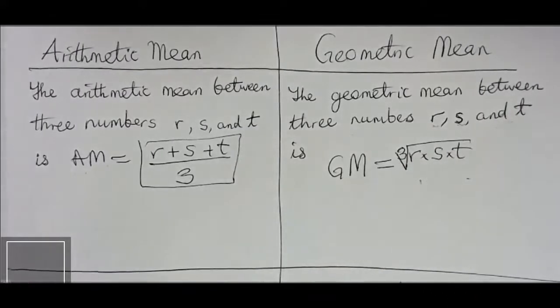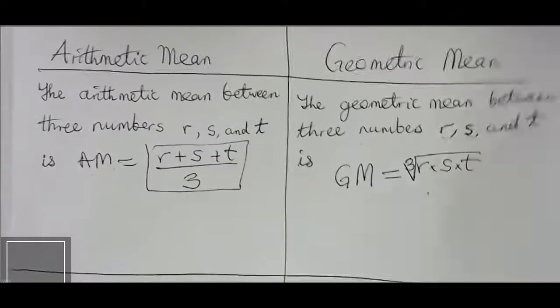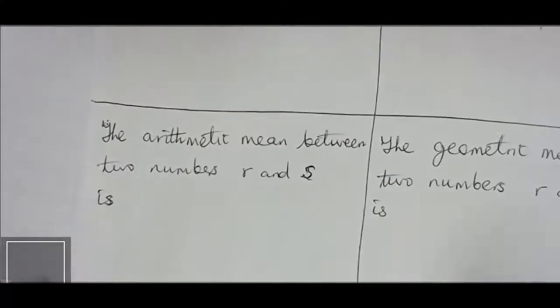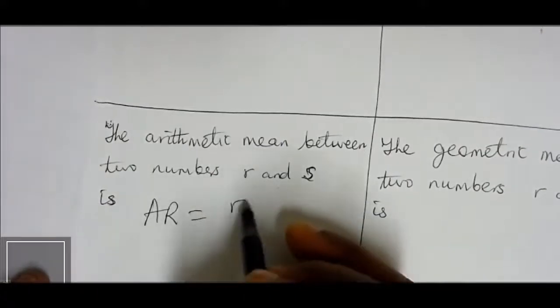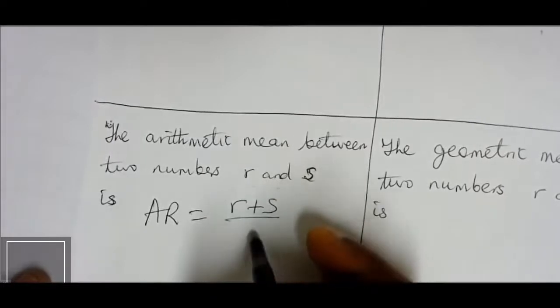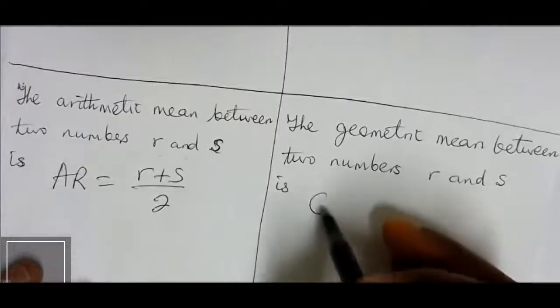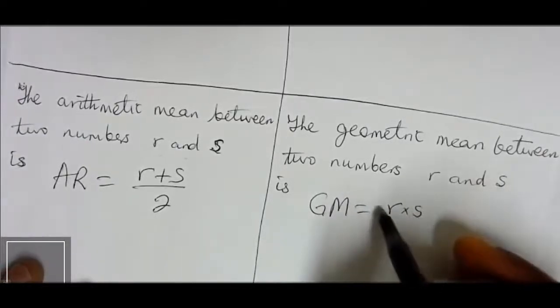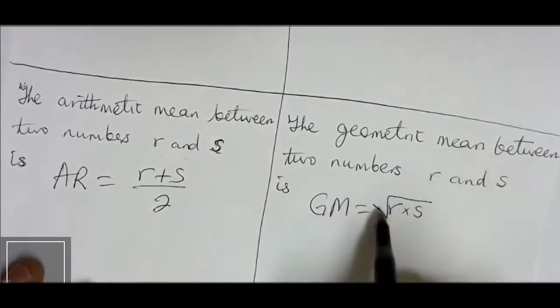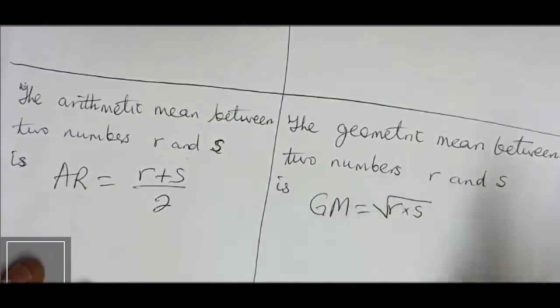So what if you have 2 numbers? The arithmetic mean is the same thing: add those 2 numbers and divide by 2. For geometric, you multiply them and take their square root because there are only 2 of them.